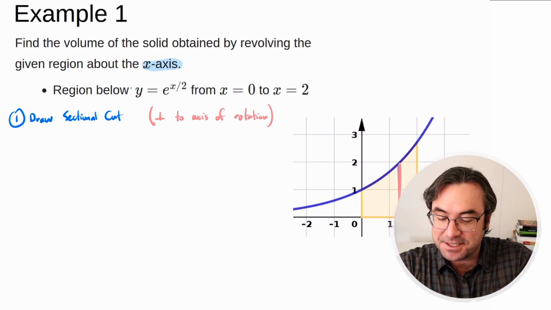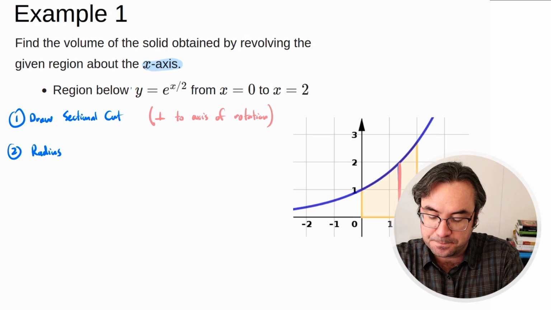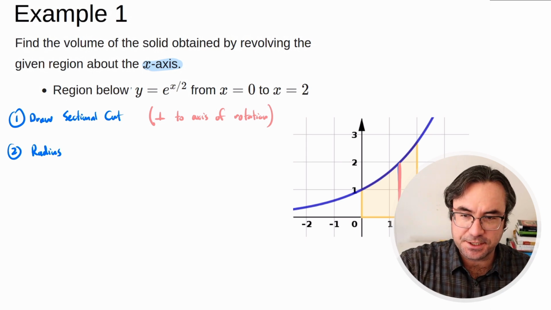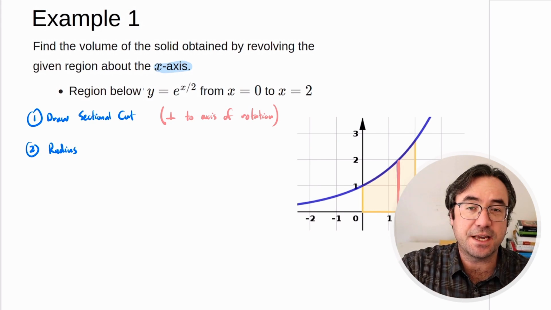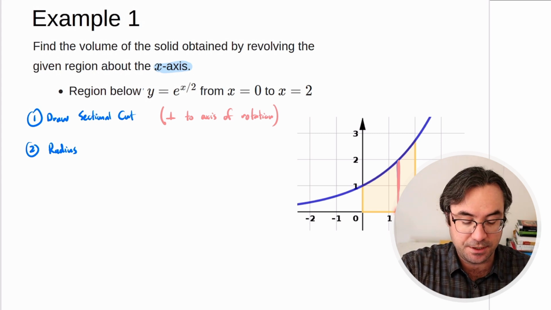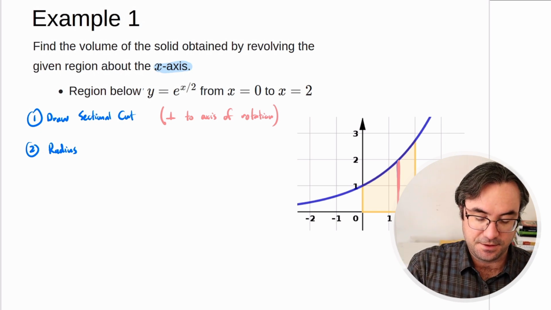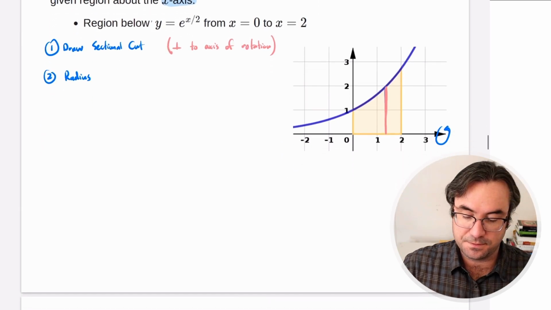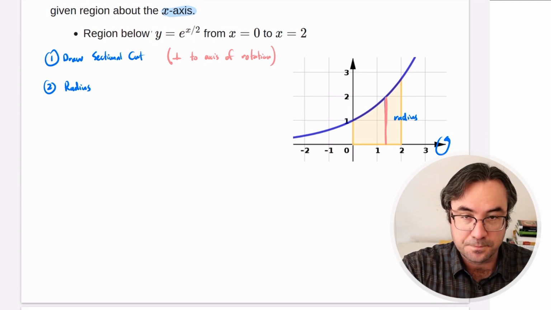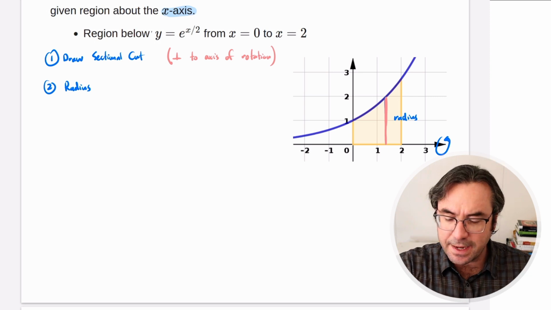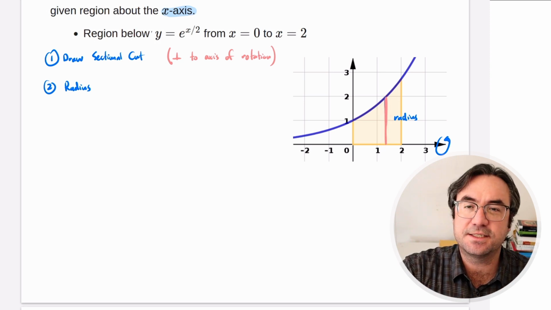All right. So then step 2. You want to figure out what the radius is. As we mentioned, the radius is just the length of this segment here, where we go from our axis of rotation up to the actual curve. So this is our radius. We're looking at a line segment here that's vertical.